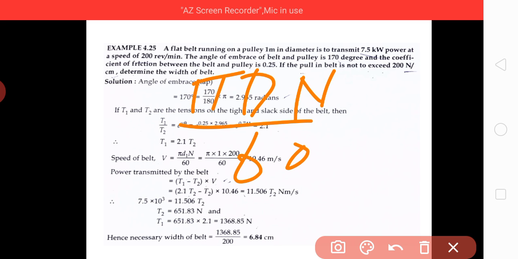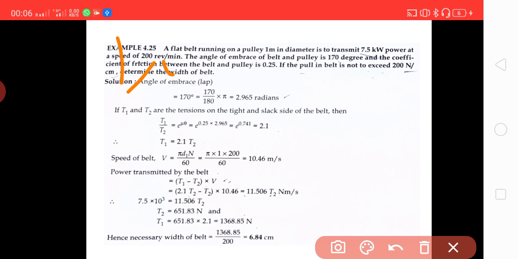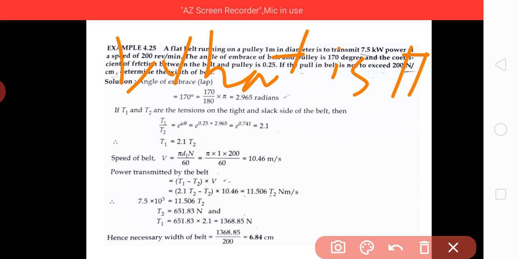Now I think this is a very interesting question I am going to put up. How many of you are able to answer? Think of yourself. I am asking, what is pi? What is pi?